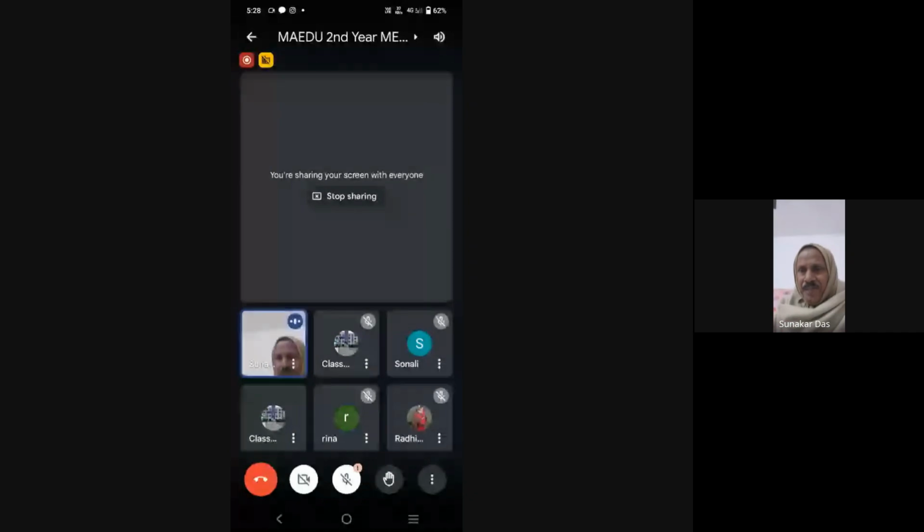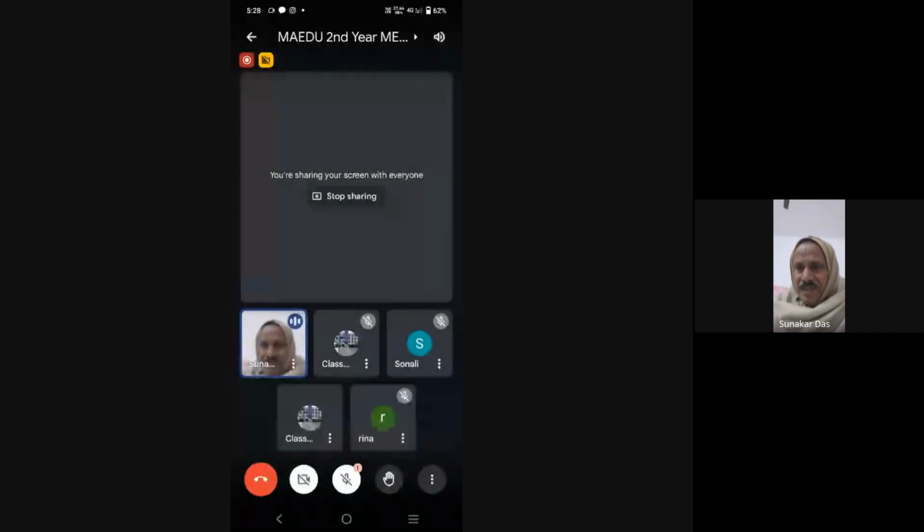The template method, that means drawing outline figures on the chalkboard. The teacher uses the figure by drawing. This is the template method.